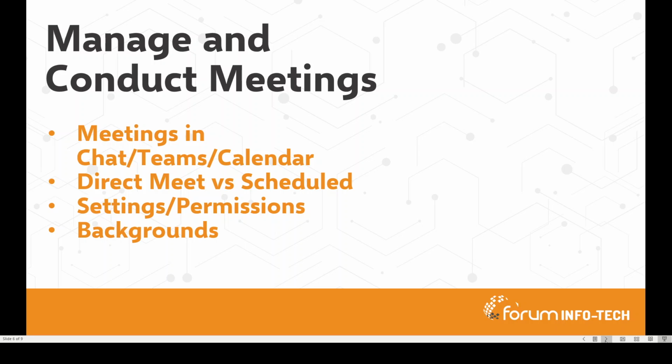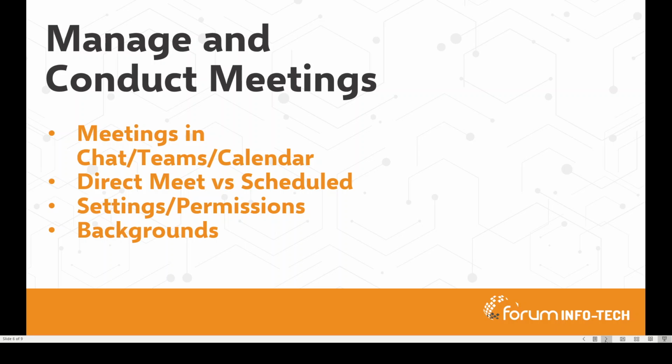Direct meetings are basically the Meet Now, or in chat, you can just call somebody and do a direct one-on-one call. Likewise, you can also schedule them out, recurring, and this all synchronizes with Office 365.